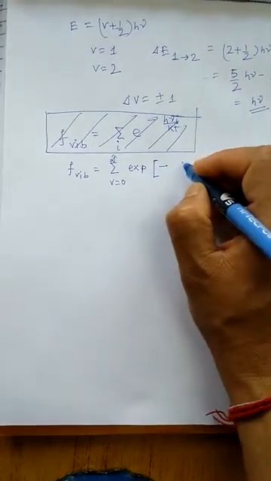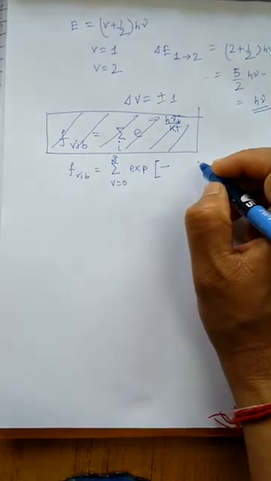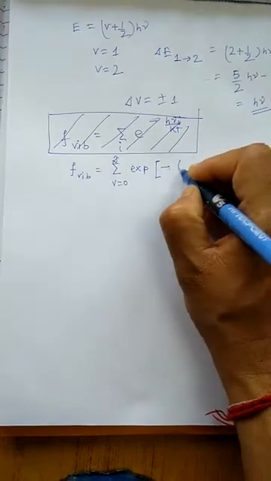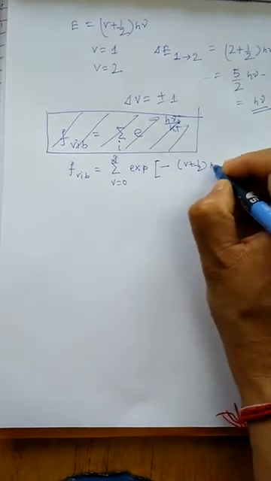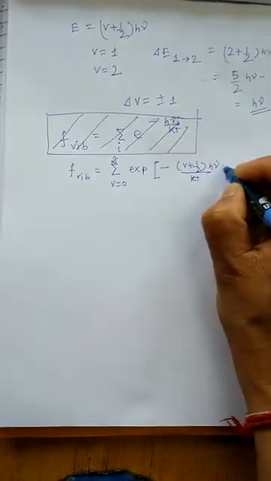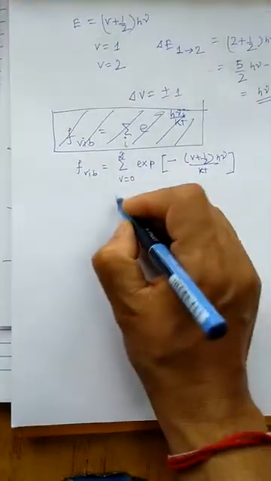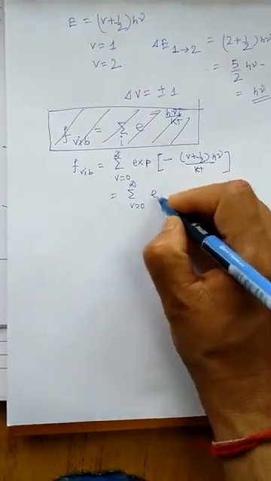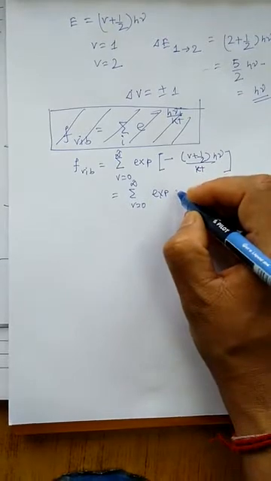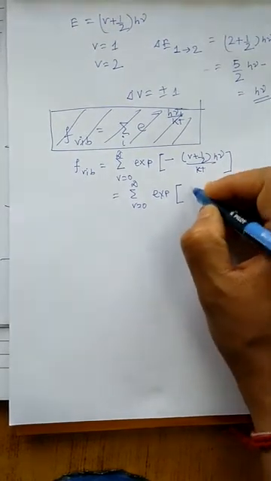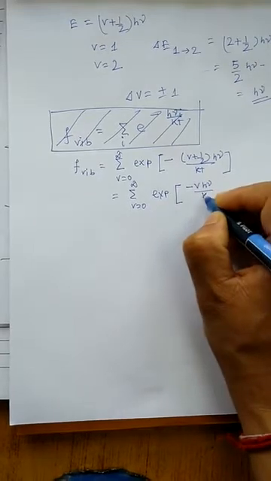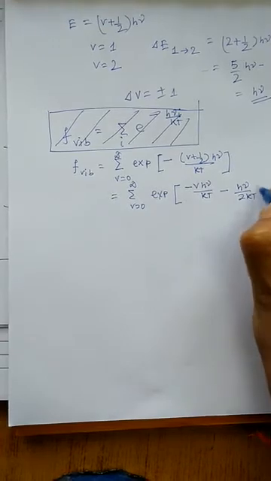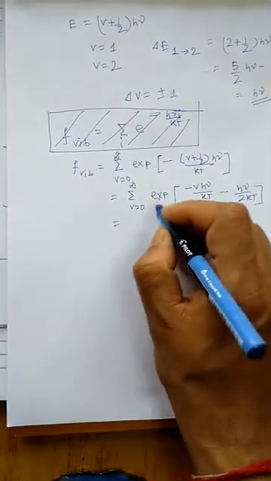The formula was e to the power minus E i by kT, where E i means any kind of energy; in this particular case we use the vibrational energy. So we put (v plus half) h nu by kT. I can elaborate this a little by splitting the exponential: v h nu by kT plus h nu by 2kT, all in the exponential function.